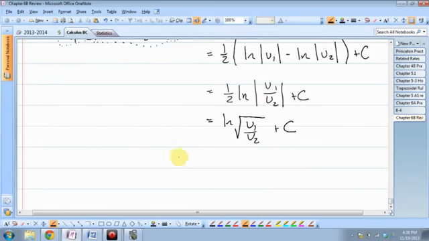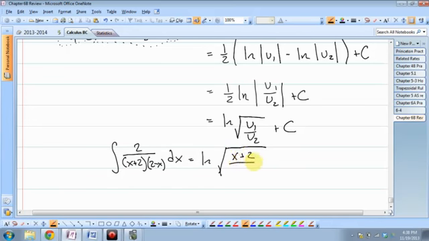So the antiderivative of 2 over x plus 2 times 2 minus x dx is equal to the natural log of the square root of u1, which is 2 plus x, over 2 minus x plus constant, bada bing.